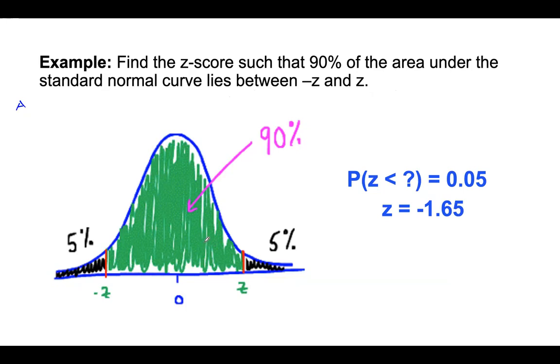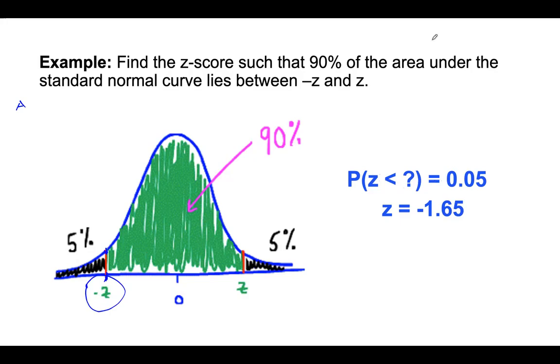The whole thing is going to be 100, therefore this is going to be 5, and this is going to be 5. You can check: 90 plus 5 plus 5 is 100. So we want to find the Z less than or equal to, well, this would be equivalent to finding just this particular Z here, with 0.05 below it.